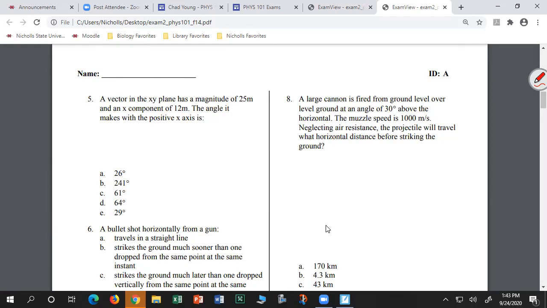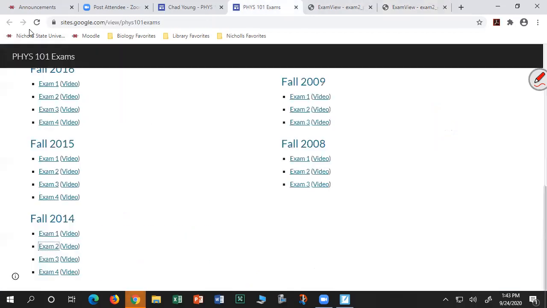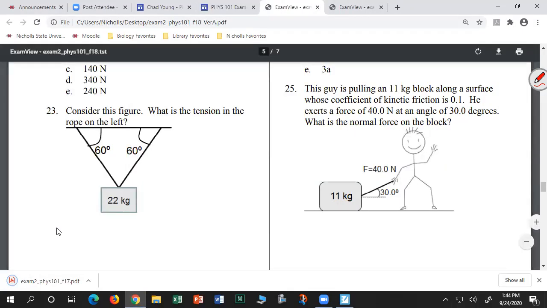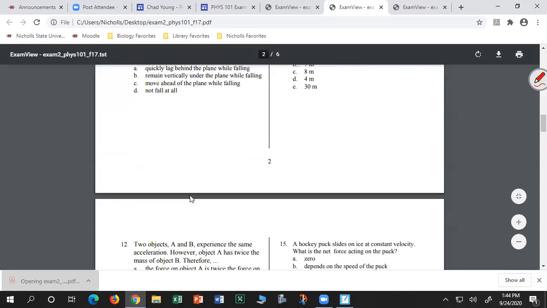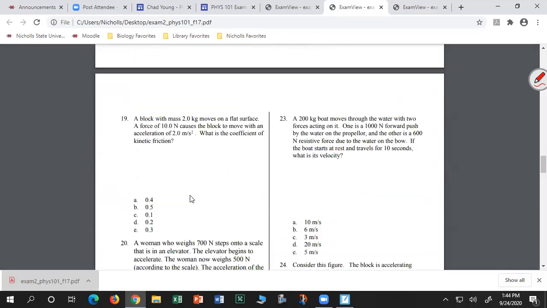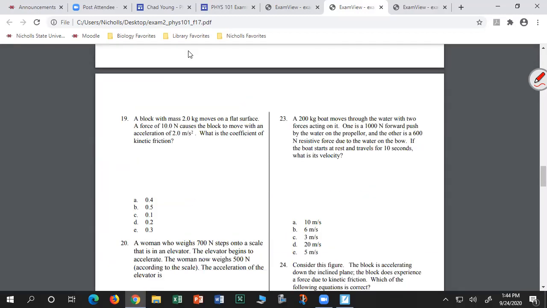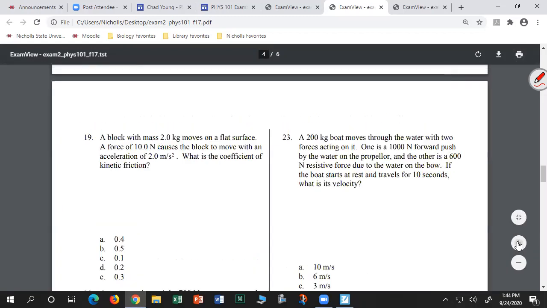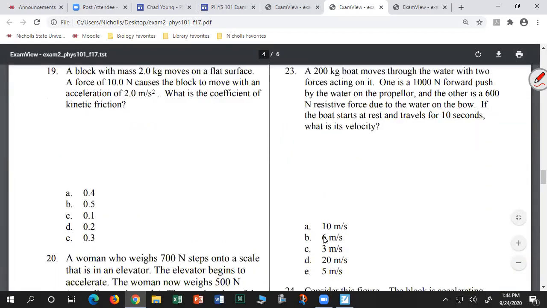Ashlyn? Go back to the 1217, exam 2, number 19. All right, this is in your workbook. It'll sound like a broken record, but you're going to see something like this tomorrow.